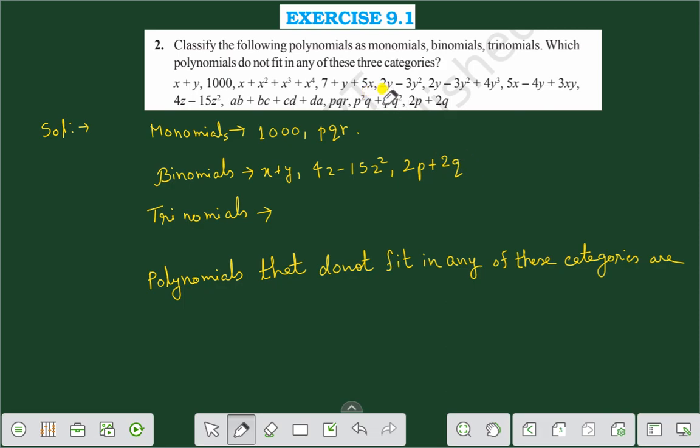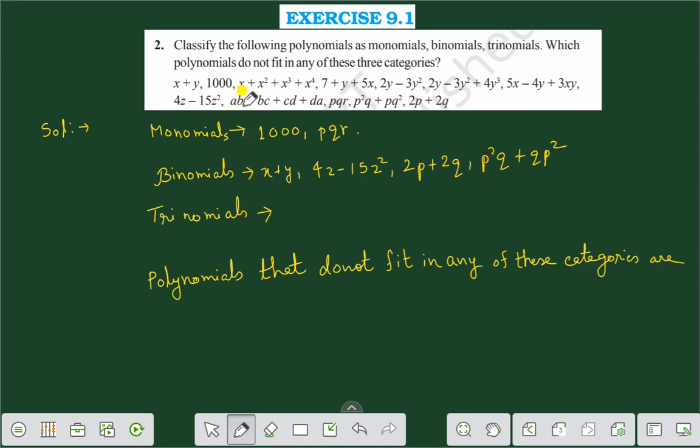Let us find p square q plus qp square, another binomial. So 1, 2, 3, 4 binomials.